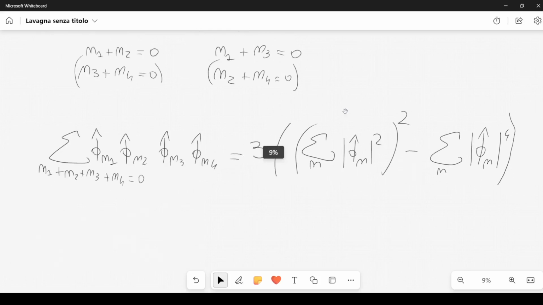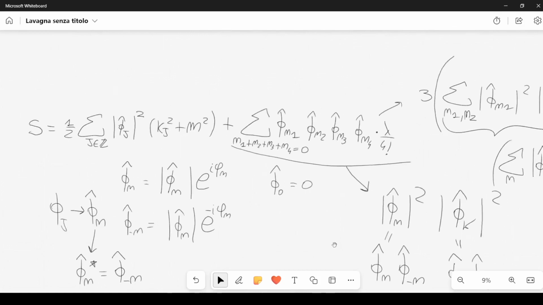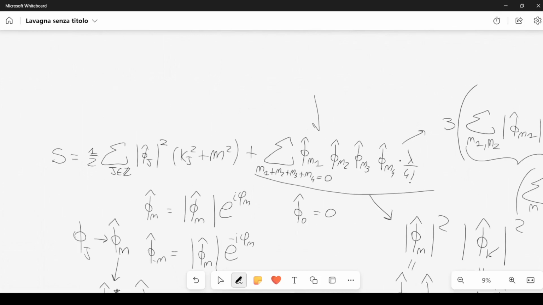So we will keep this in mind because we can replace this term in the action with the result that we just found. And then once we have that, we can calculate the propagator of the theory. In particular, we will have to make some approximations because we have to use perturbation theory. So we will have to make an expansion to be able to calculate the corrections to the classical propagator.